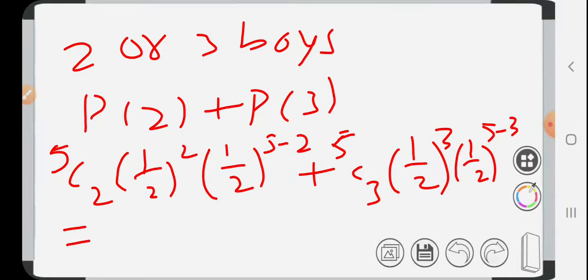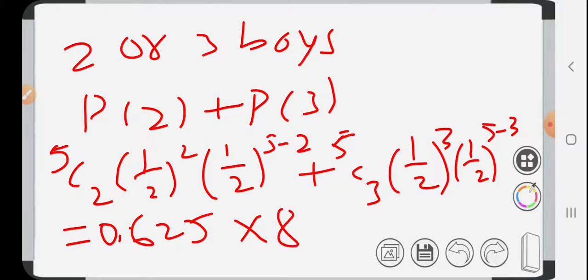Do the calculation. Solve on the calculator. C3 वगैरह calci वरती येतं सहजपणे. Find it. You will get 0.625. 0.625 into 800 you have to multiply and your answer is 500. Understood? So this is our first problem.